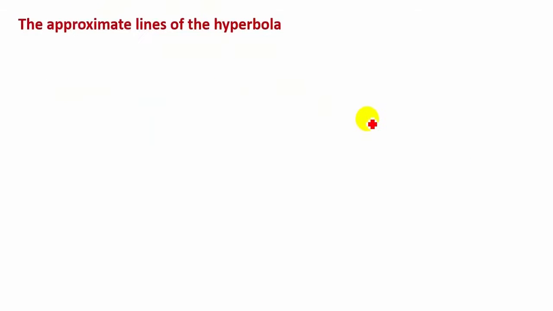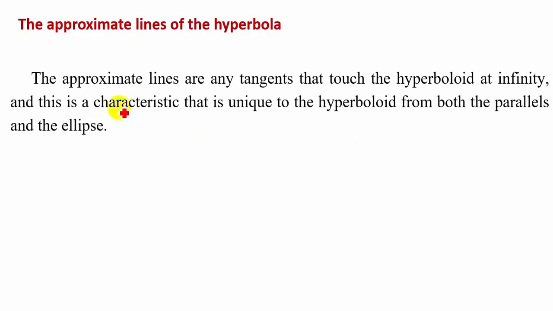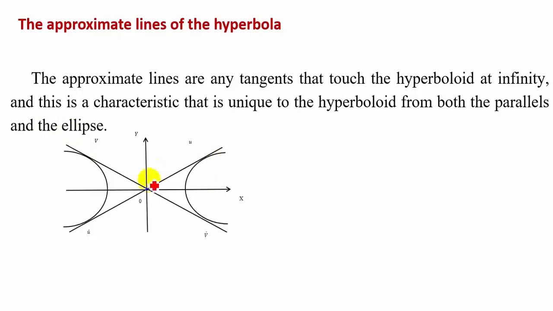The asymptote lines of the hyperbola, it will be the lines that touch the hyperbola at infinity, and this characteristic is unique to the hyperbola, different from both the parabola and the ellipse. See something like this one, those two tangent lines.